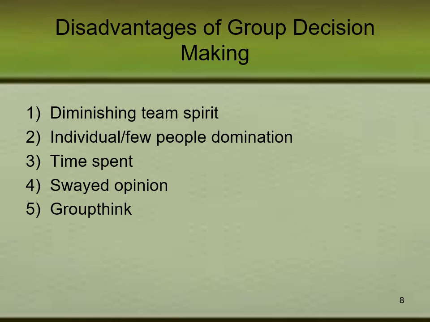Kalau groupthink ni berlaku, ianya tak bagus lah. That's why it is called a disadvantage. The group members tend to put aside the group goal. Group member ni dia tak pentingkan goal of the group, tapi dia lebih pentingkan keserasian antara group members. So, decision yang dia buat ni lebih mementingkan kepada nak jaga perasaan group members yang lain lah. So, that is called groupthink. That is not good for the group performance as well as the organisation performance.